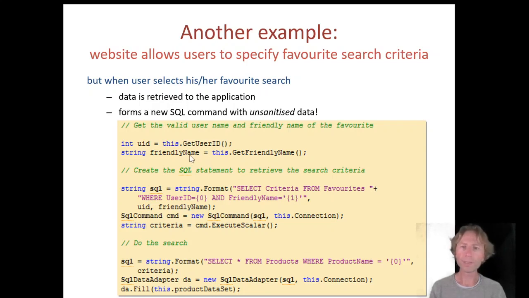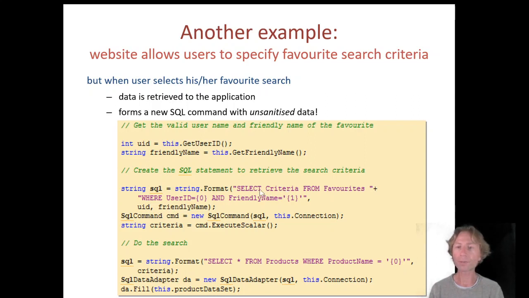And we see this here, right? So what we do here is we get the user ID and the friendly name, so my attack and 1, 2, 3, and we use that to do a search in the database, so with the user ID and the friendly name, to obtain the criteria.